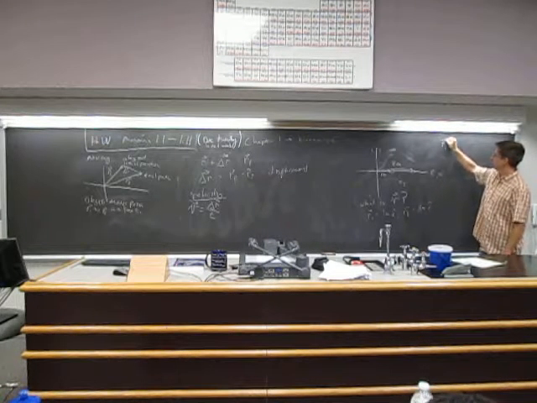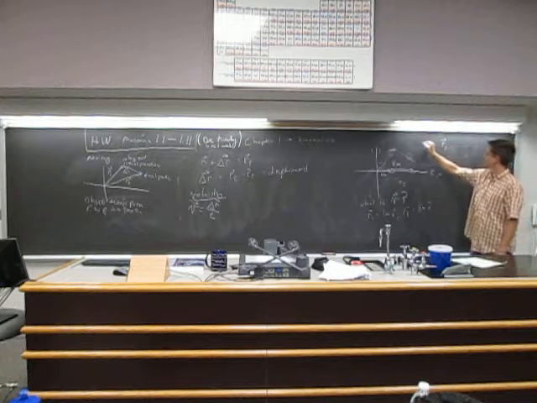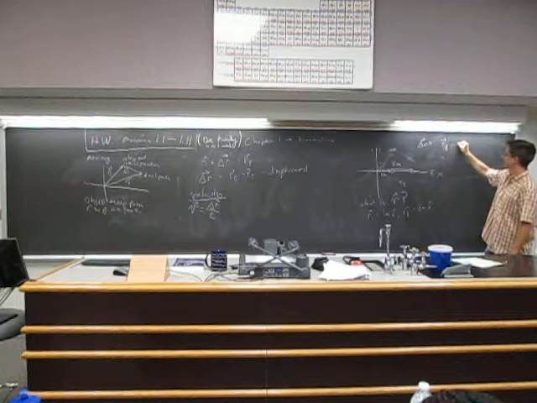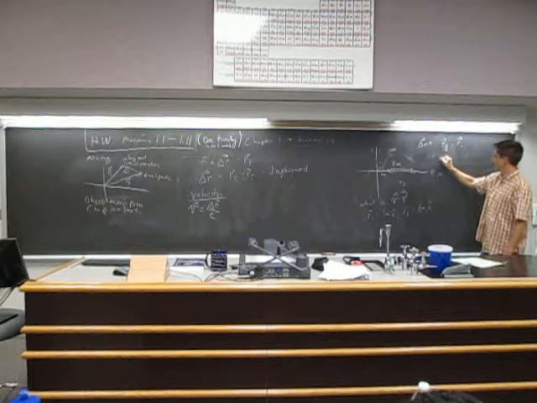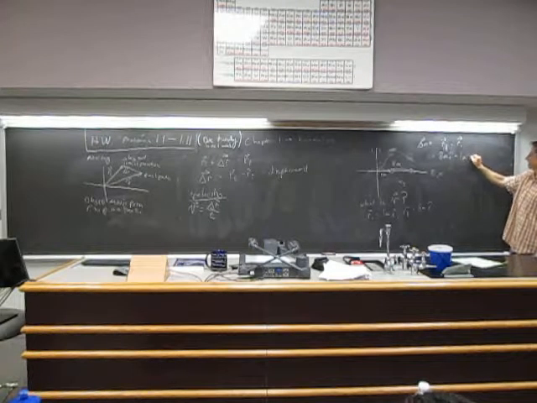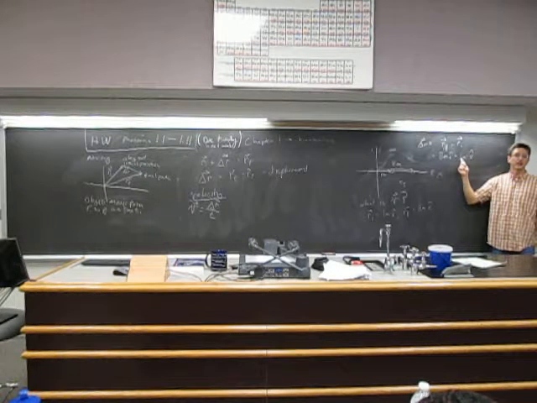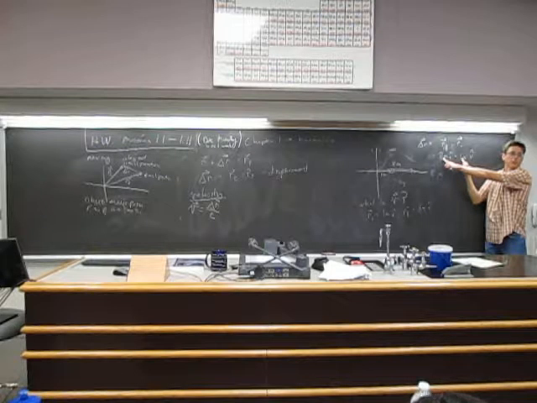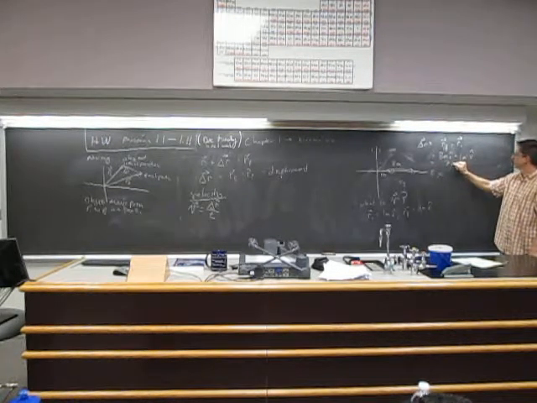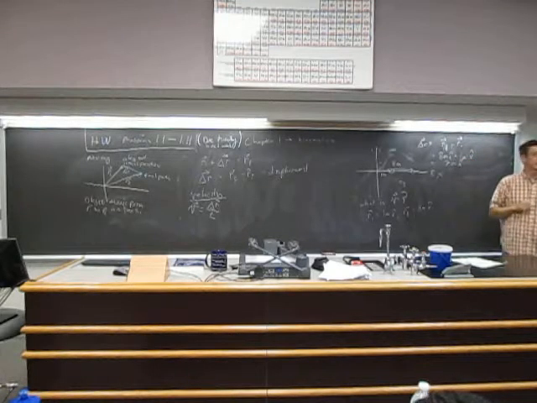So delta R is going to be equal to R final minus R initial, which is 8 meters x hat minus 1 meter x hat. If I subtract the vectors, that's the same thing as just subtracting the components. So this would be 7 meters x hat, right?